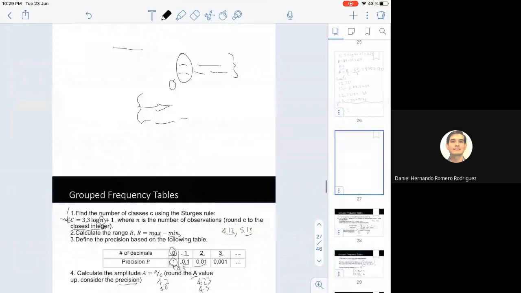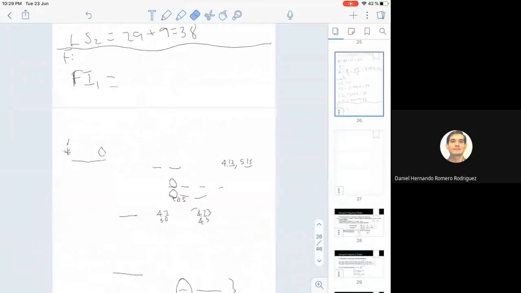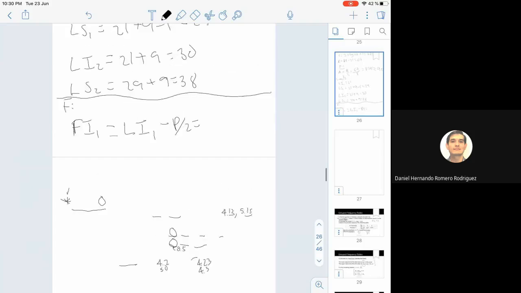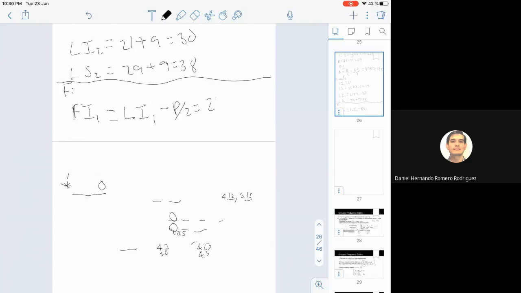So let's use that logic. The lower limit of the first one is 21 minus precision divided by 2, that's 0.5. Therefore, this is 20.5.